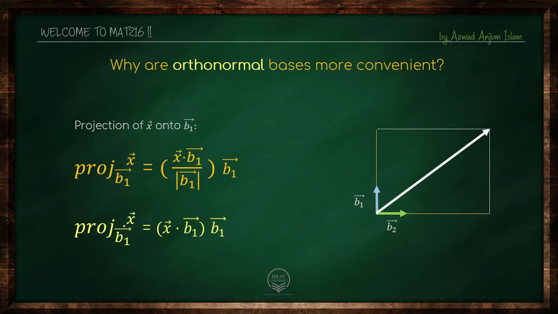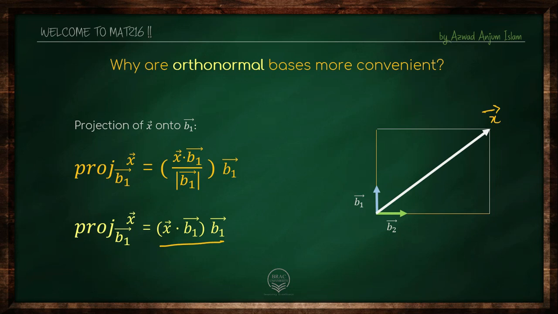So the projection of x onto b1 or b2 would be a much more simple formula because the length of b1 is 1, so you don't have to divide by anything. So that is why we use an orthonormal basis as our standard basis vector.